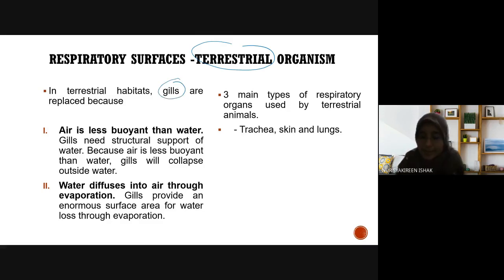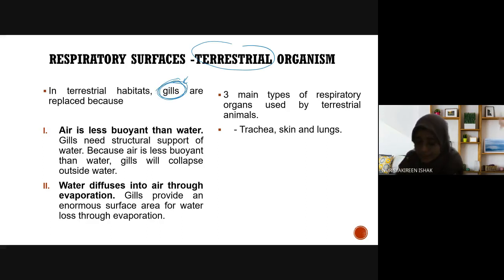Sebab bila dah on land, obviously the gills, especially the external gills, will be dry. Kan, dia akan dry. So if dry, gas exchange cannot occur. Apa syarat dia kalau untuk respiratory gas? It must be moist. Okay. Itu salah satu disadvantage lah for terrestrial organism. They totally cannot depend on gills.